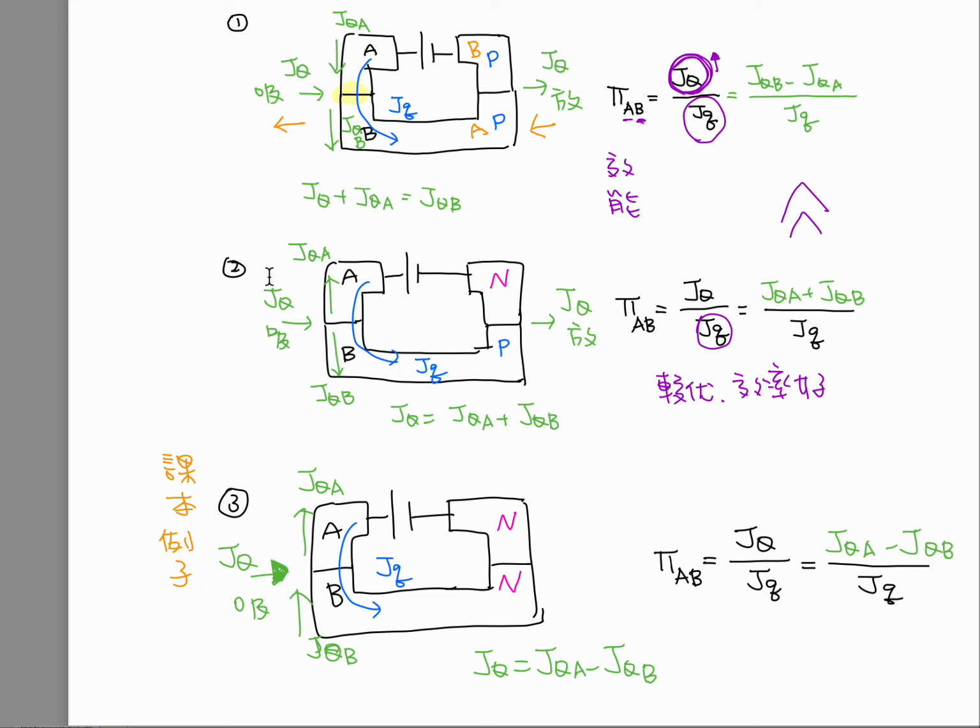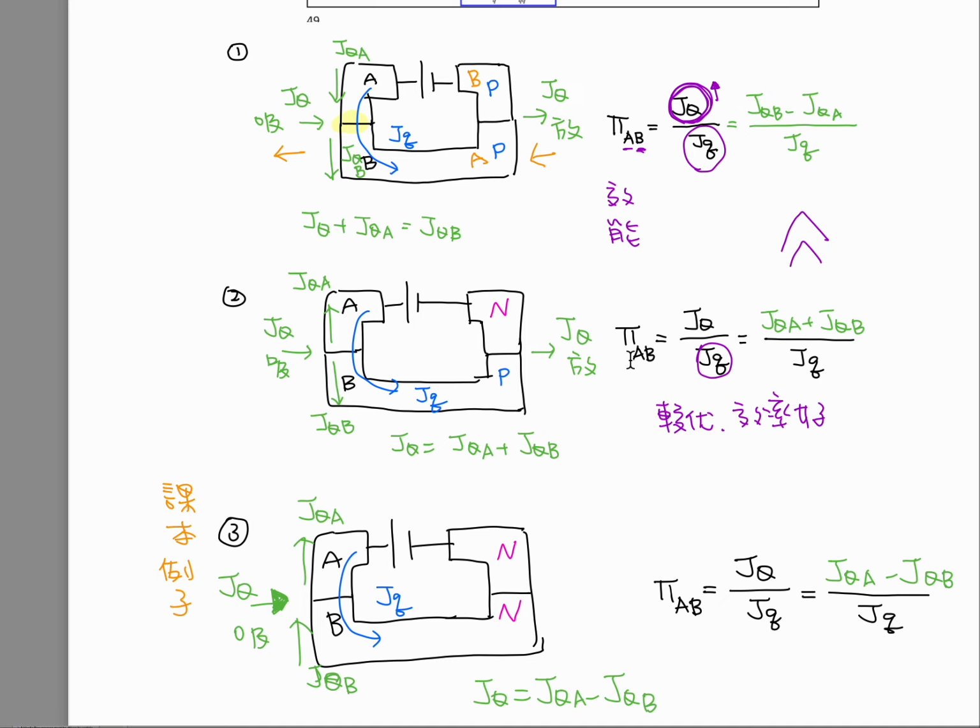So that results in JQ equals JQA plus JQB, because at this junction, how much heat is absorbed from the surroundings equals how much heat flows out of these junctions. So this value will be JQA plus JQB. This value is definitely larger than this one, so this combination can reach higher efficiency of this device.